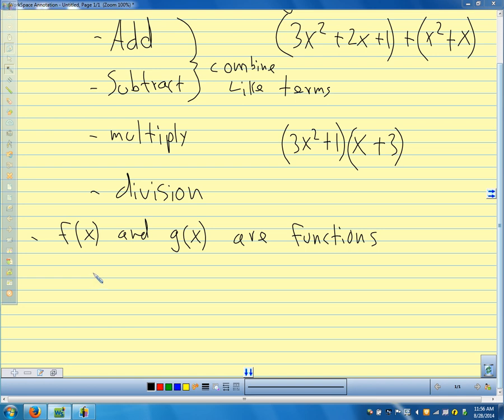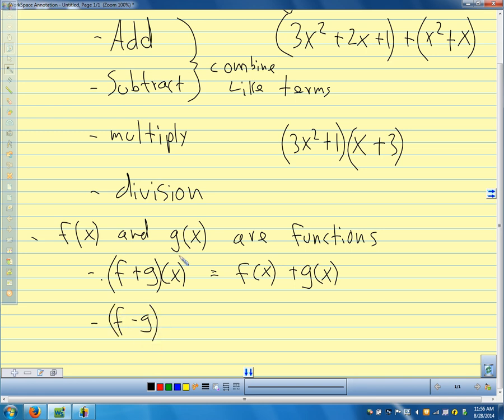Our notation for addition, we say f plus g, and sometimes you'll see f plus g of x. This doesn't mean we're multiplying, this means f of x plus g of x. So this is our notation for adding two functions. Same thing for subtracting, f minus g.